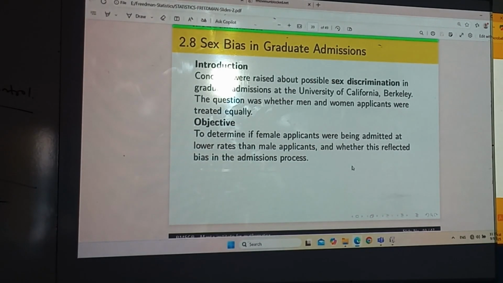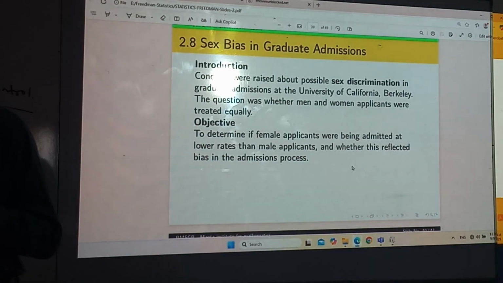In this example, what happened was there were some graduate students selected for graduate studies in different departments of a university. Concerns were raised about possible sex discrimination in graduate admissions at the University of California, Berkeley. The question was whether men and women applicants were treated equally or not.